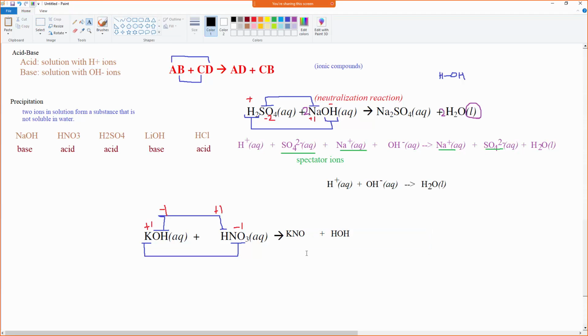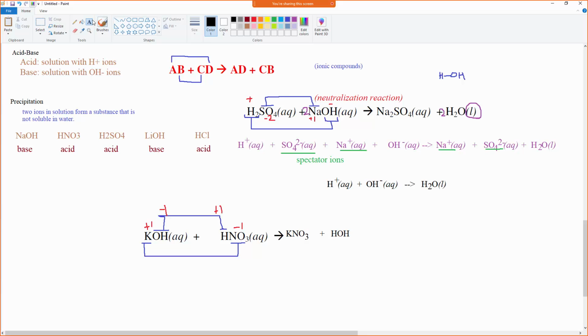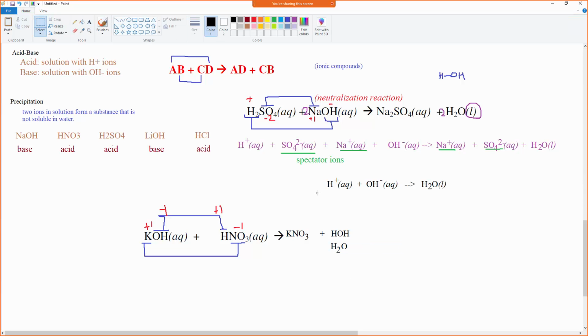All right, KNO3. All right, HOH is H2O, right? Gonna substitute that one in there just because it's a little easier to see, but they do mean the same thing.